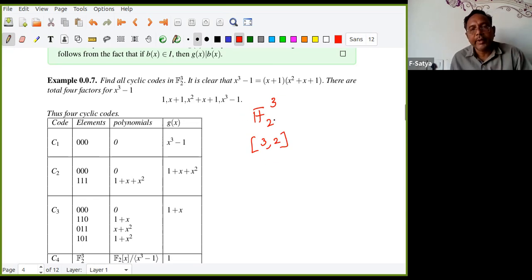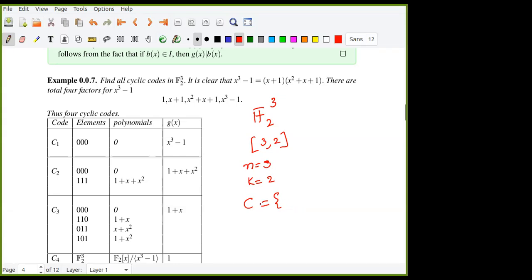Forget about whatever happened till now. Can you give me one binary linear code with these parameters? I hope you are remembering that n is equal to 3 and k is equal to 2. What does my C contain? How many vectors does it contain? 4 vectors.